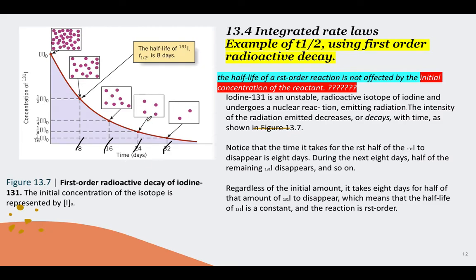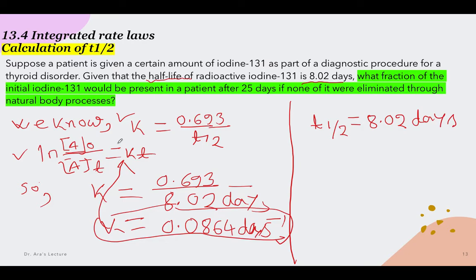If we look at the pattern, every t-half is not affected or changed by the initial concentration. Whatever the concentration, the time to disappear by 50% is the same. So let's see what we have here.